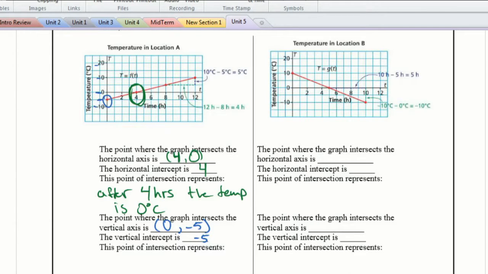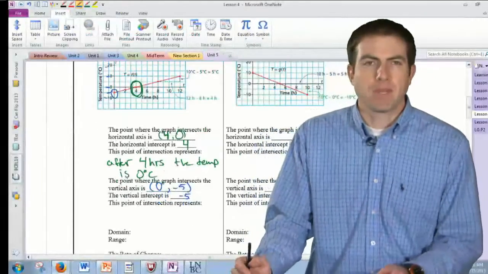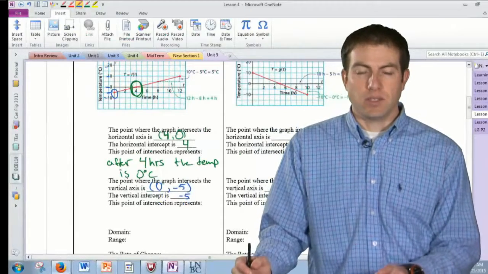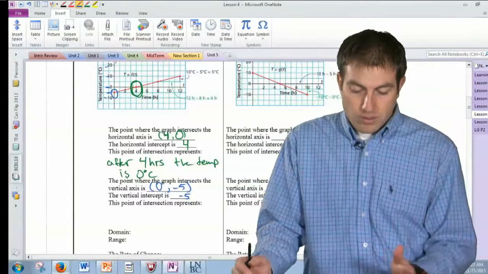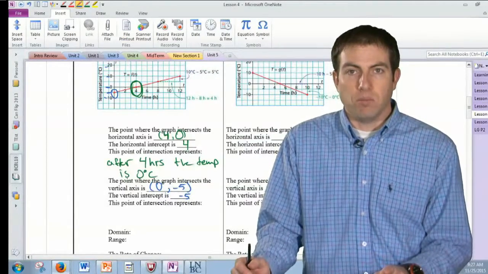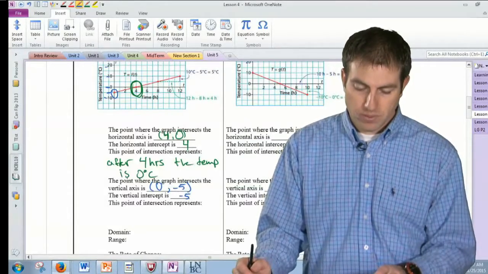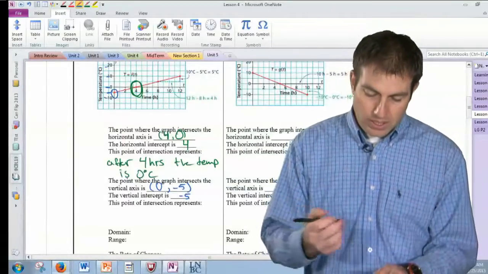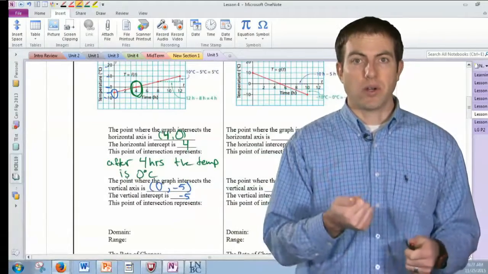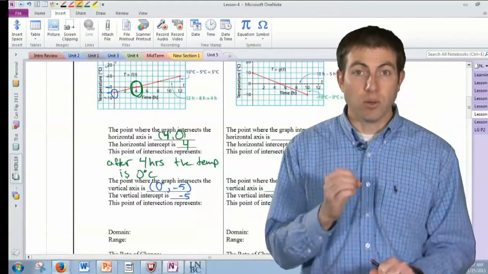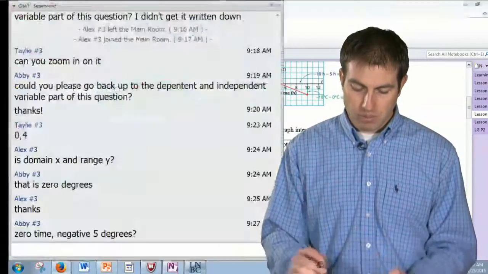Now, trying to figure out what's significant about this point is maybe a bit trickier, because it might not be completely obvious. There's not a ton of significance to it, but the point of intersection represents what? What does that point mean? It's saying, okay, -5 is the temperature there. So the idea here is that we have to start our time somewhere. And when we started recording our time, the temperature was -5. So at 0 minutes or 0 hours or whatever, the temperature was -5 degrees.